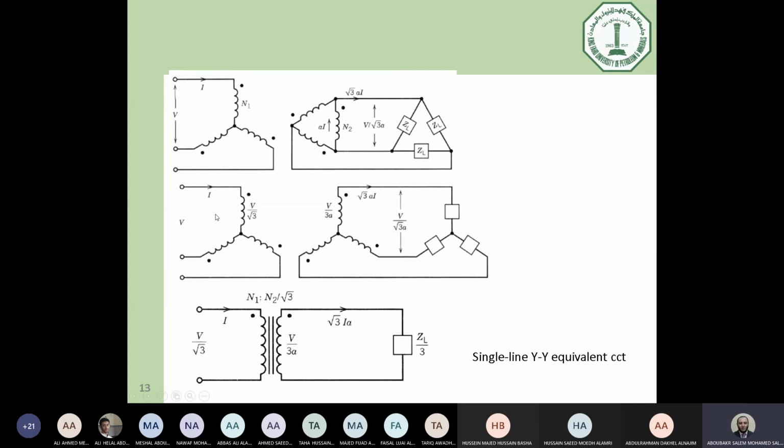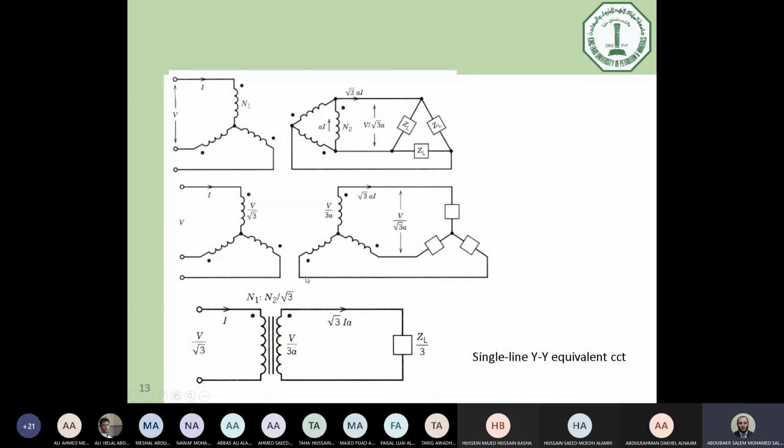For the single phase now, we have the phase voltage here, which is V divided by square root of 3, here V over square root of 3. The phase voltage here is V divided by 3a, so it should be respected here, V divided by 3a. And the current here will be square root of 3 multiplied by aI.